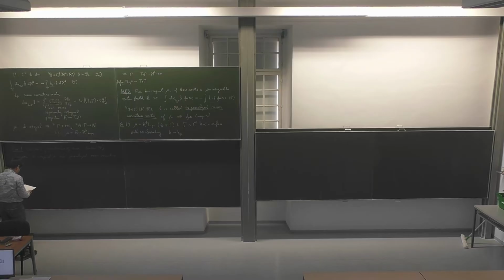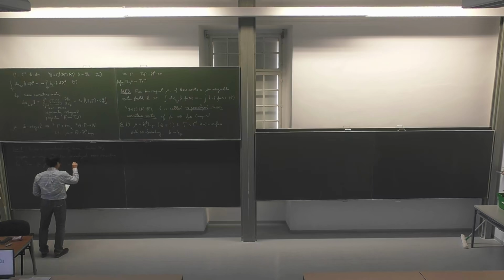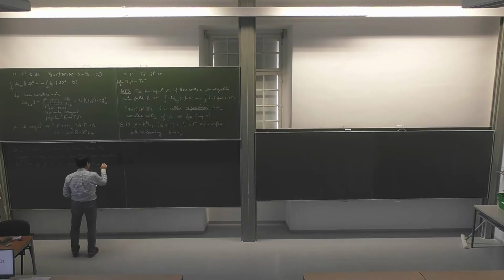Then suppose that mean curvature H mu exists. Then the following holds. For mu almost everywhere X, we have the property that this H mu at this point X is actually perpendicular to the tangent space of mu.